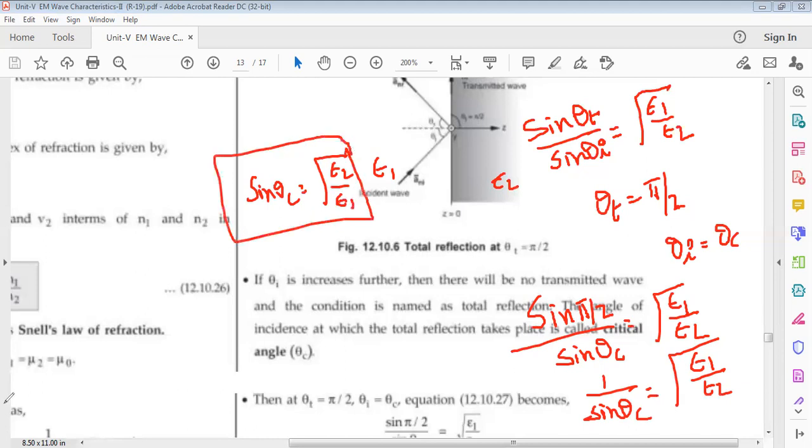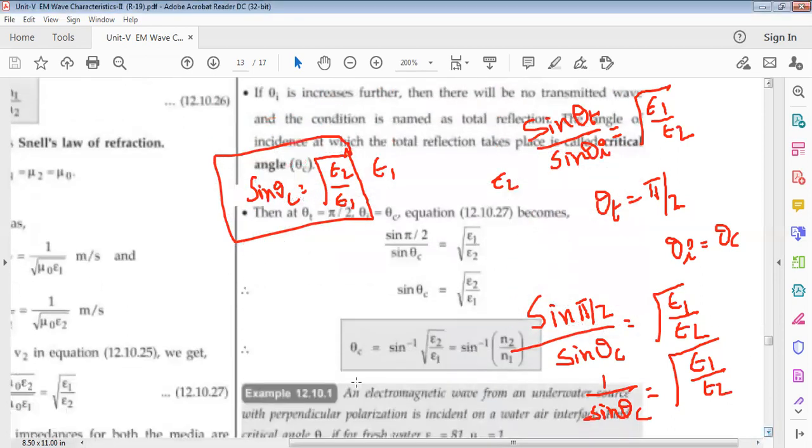The angle of incidence at which total reflection takes place is called the critical angle. Got it, my students?